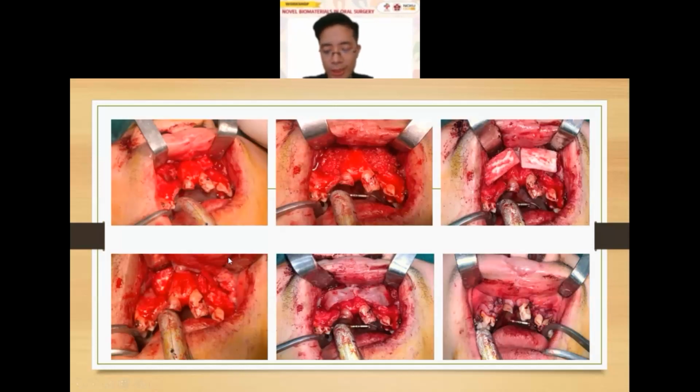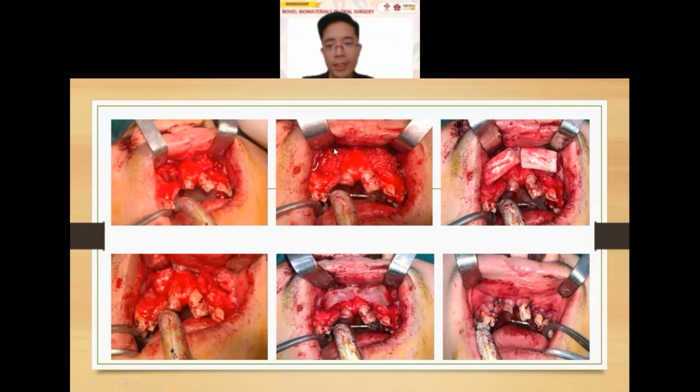It was done by Professor Tuan, the head of my department, and Dr. Huong. First, we expose the defect, and we create the layer of ADM on the palatal side.